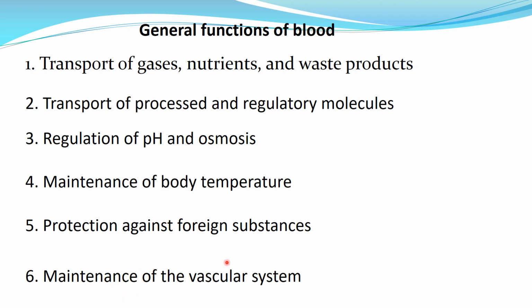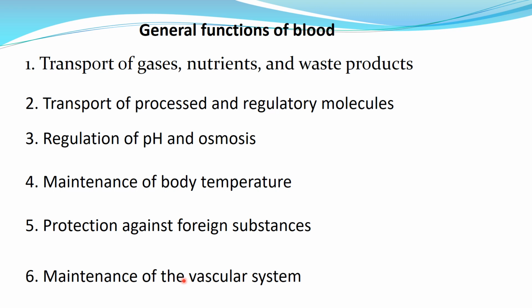Then the other property of the blood is the maintenance of the vascular system. When there is an injury or damage in the wall of the blood vessels, it can be repaired with the aid of some specific cell fragments which are called the platelets, in a process which is called hemostasis.